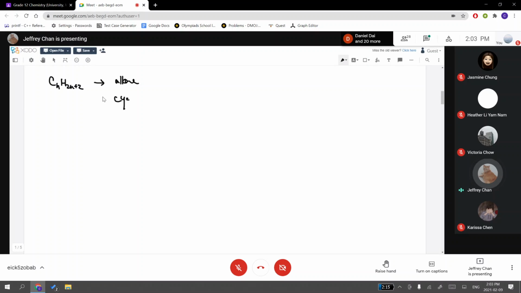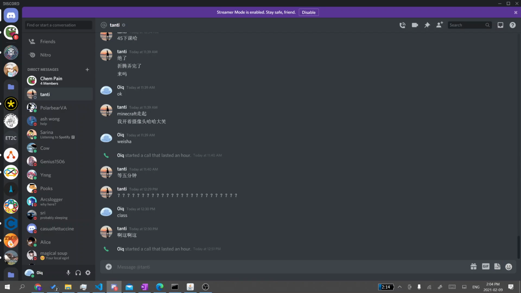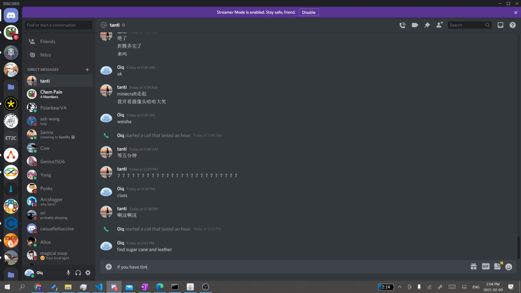For cycloalkanes, if you think about it, it's CnH2n because you close the structure. So a butane looks like that. The condensed structure is CH3, CH2, CH2, CH3. If it's a cycloalkane, you get CH2, CH2, CH2, CH2. So it's CnH2n for cyclos.